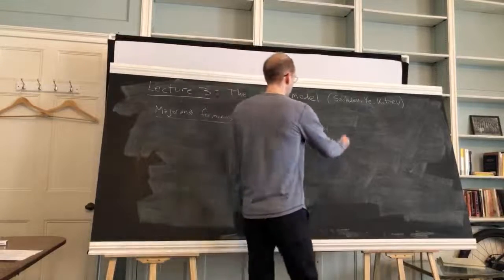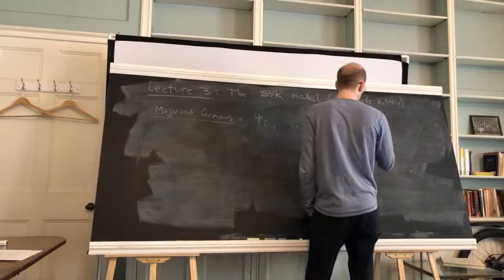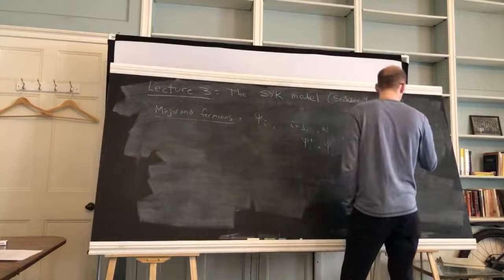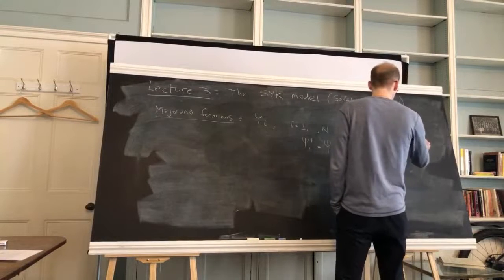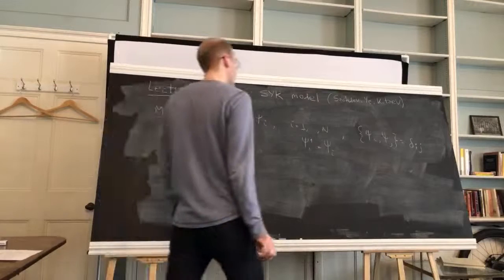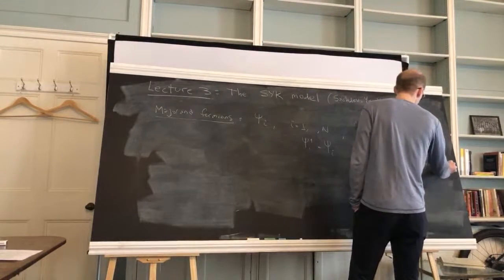And they are fermions, so they anti-commute. So these are the anti-commutation relations, and i, j go from 1 to N.